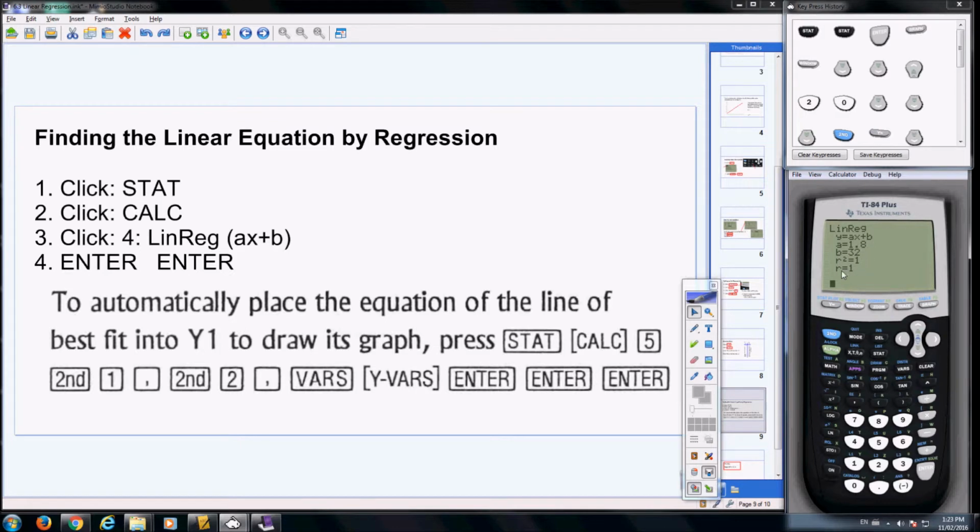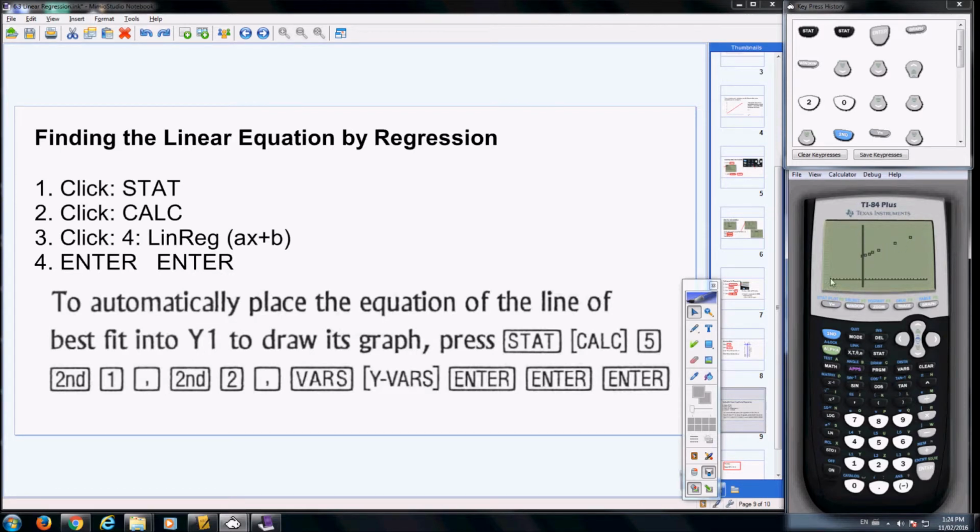This r squared and r value tells us whether or not we have a good fit. Where r equals 1, that means that we have a perfect fit. Our equation hits every single one of those dots. So the line is going to go through right there.